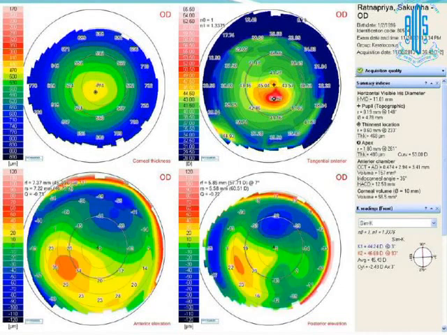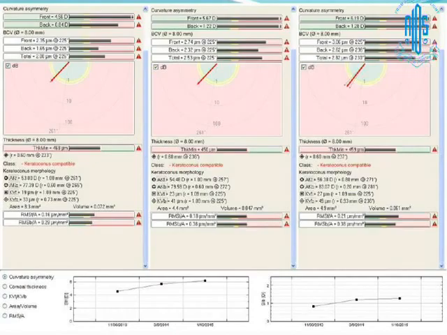If we change the best fit sphere to an aspheric, then these features get exaggerated. Now you can very clearly see that the anterior as well as the posterior shows high elevation. Same thing, if you see, this is the keratoconus follow-up map, what Dr. Jayashil mentioned.